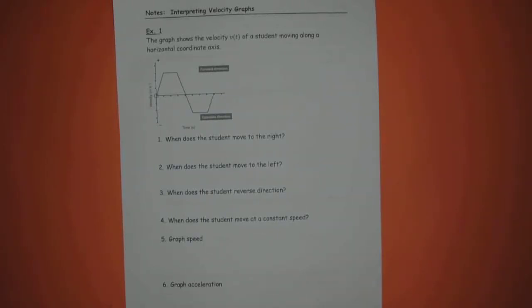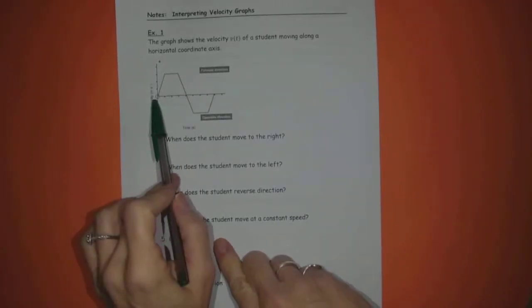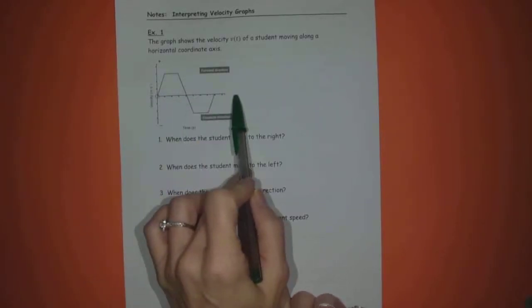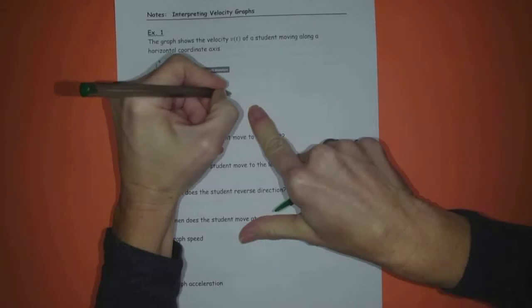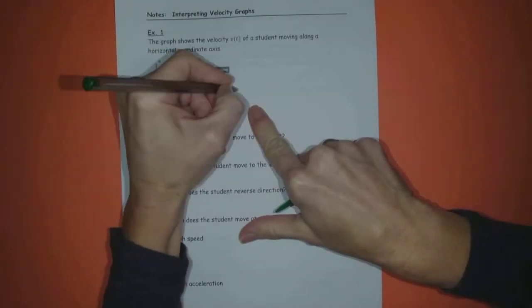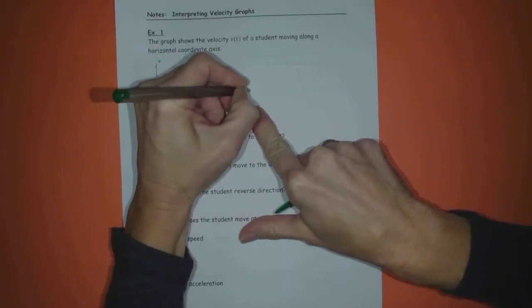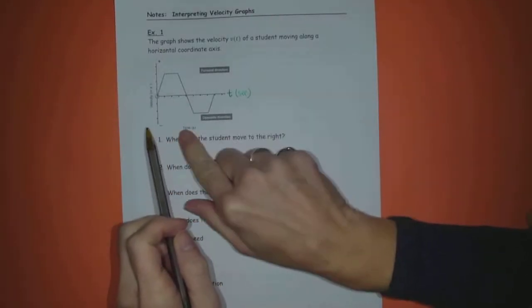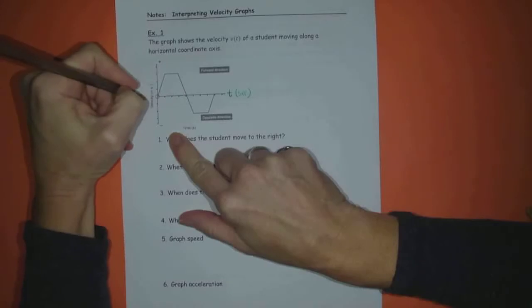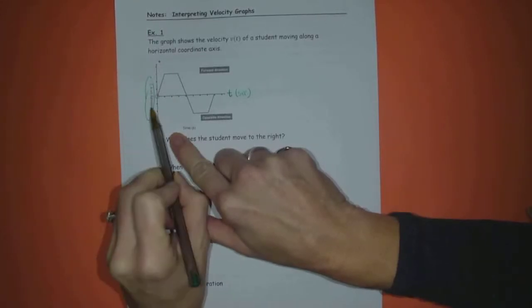So I think the first thing to recognize is that on what would normally be the x-axis, we're going to call this the t-axis. So this is the time axis, and this is going to be measured in seconds. And the y-axis, or what normally is the y-axis, you can see right here, velocity.